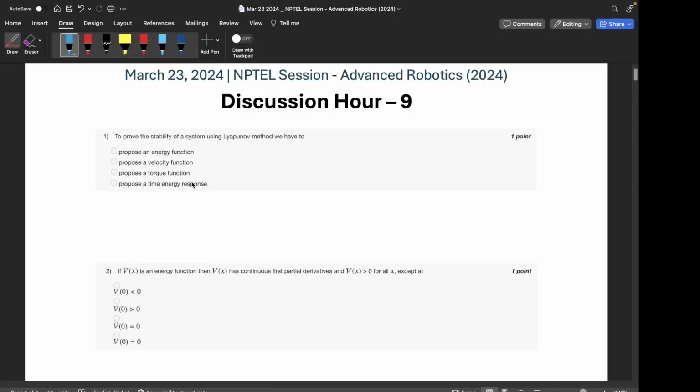The first is to prove the stability of a system using the Lyapunov method. What type of function do we construct? We construct an energy function, that is V(x), which has to be positive definite.